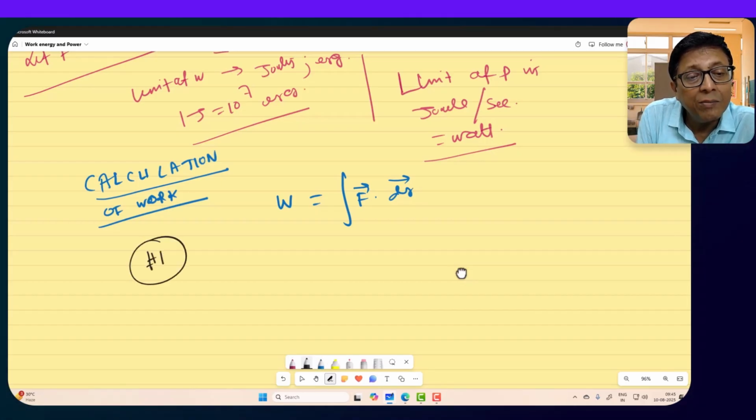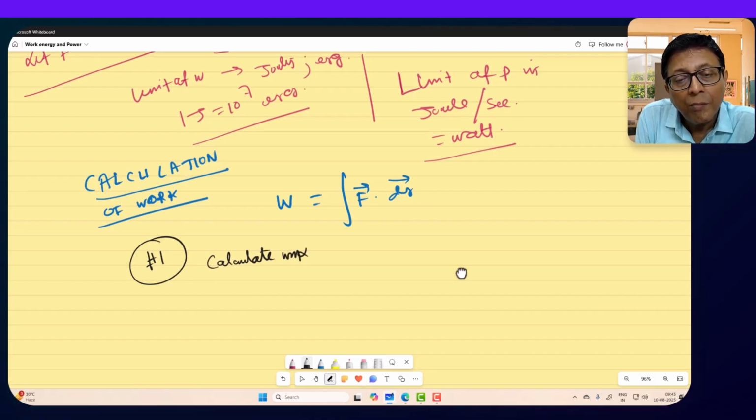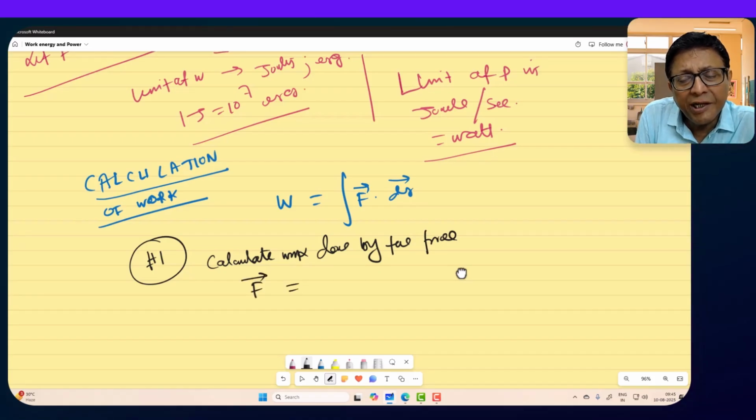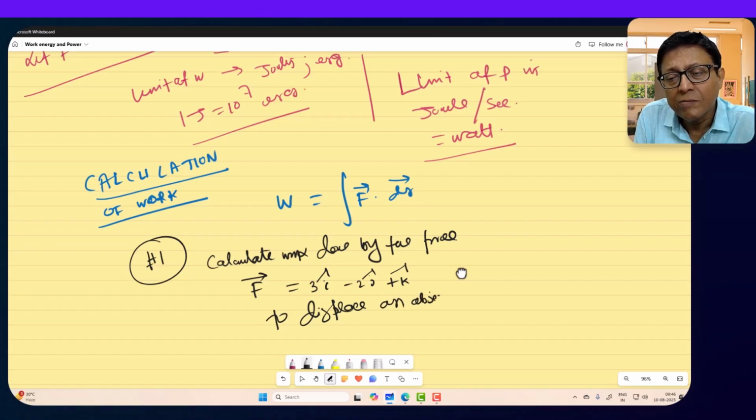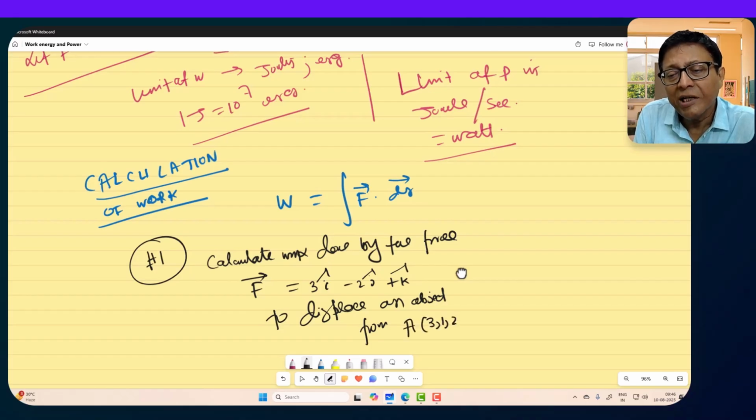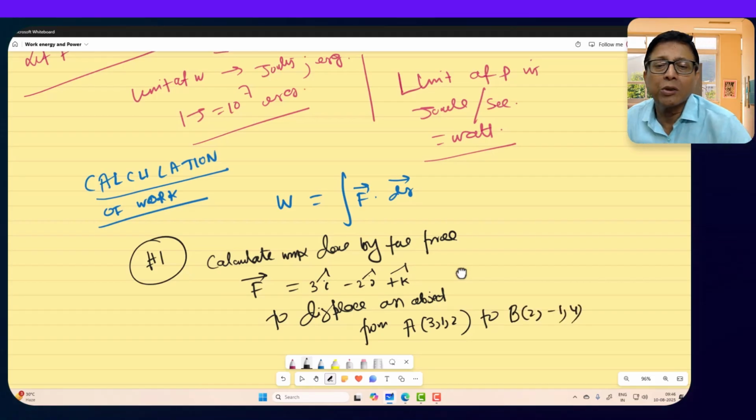Now this work done formula, if we apply for a force like this, just take one numerical example here. Number 1, calculate work done by the force F equal to 3i minus 2j plus k to displace an object from A (3, 1, 2) to B (2, minus 1, 4).